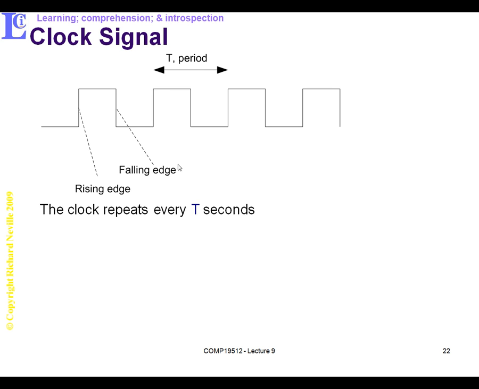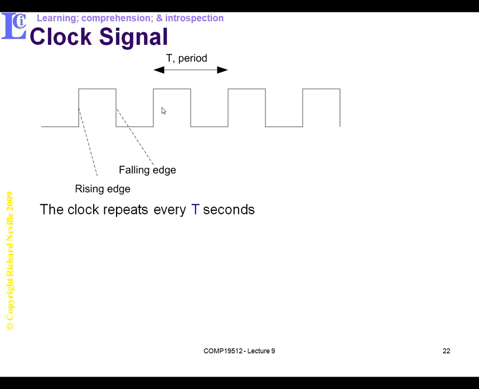Now the other metadata we should be aware of is this edge here from a low to a high is called the rising edge. It rises from a low, rises to a high. Once we're at the high, we can fall down to a low, and that's called the falling edge. And particularly on measuring equipment, these are the naming conventions we'd use to look at that edge and that edge.